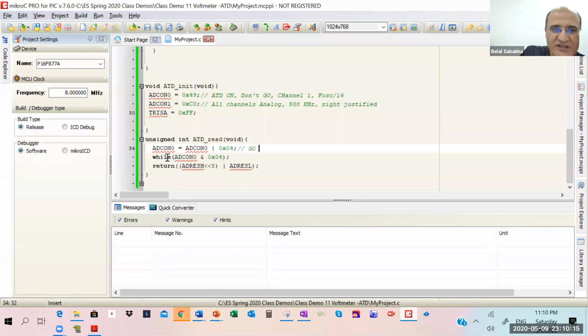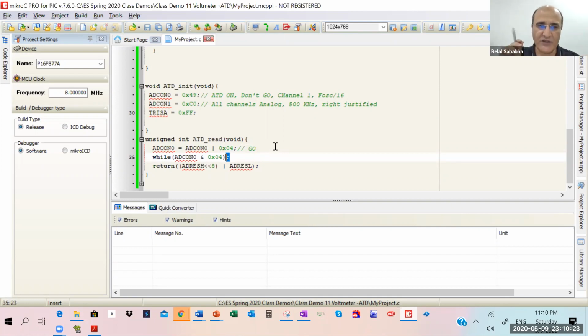So this condition is going to stay true and I stay stuck here. You see I put a semicolon here. This condition will stay true and I'm going to be stuck in this line until this bit goes back to 0.